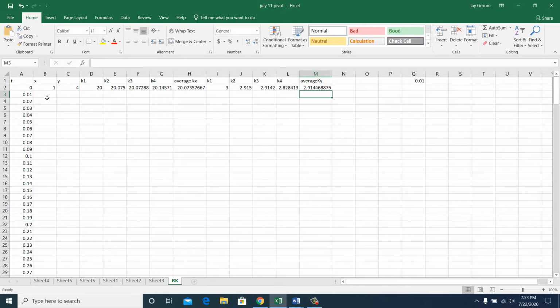Done. Then it's simply a matter of the next one being equals the previous guy plus this average times the step. That's for my x. And then for my y, it's equals the previous y plus the average times the step.